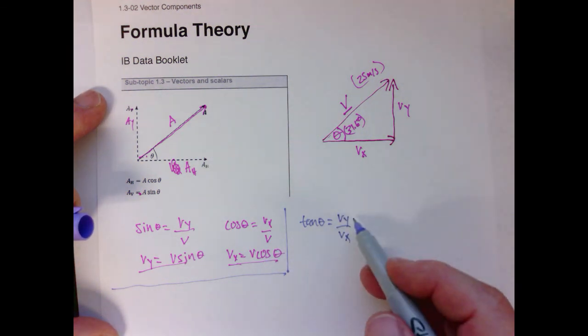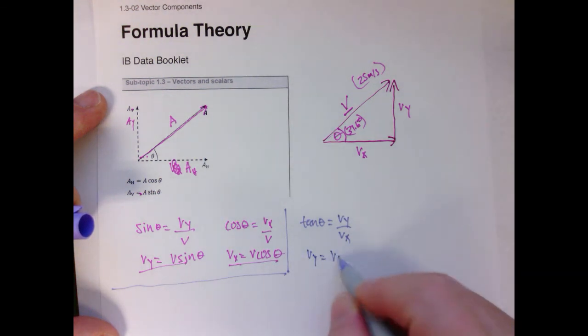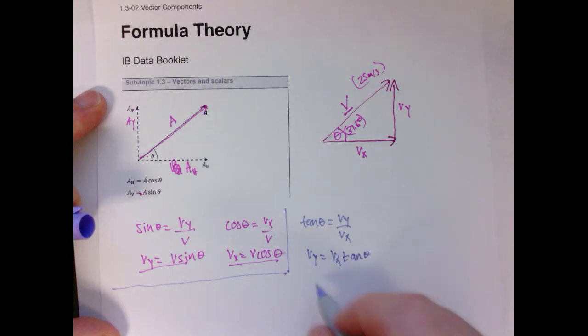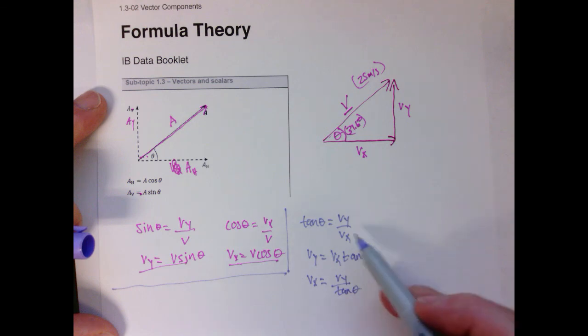Given this, we could solve for Vy, and Vy then would be Vx tan theta. And then Vx would be Vy over tangent theta. So it's just a way of rearranging these things.